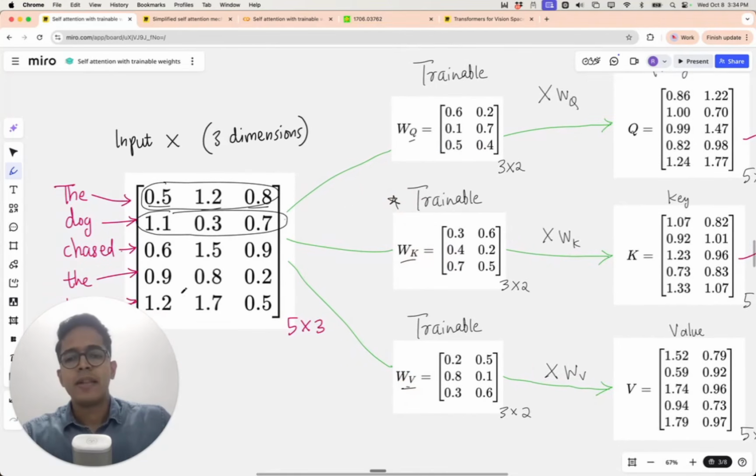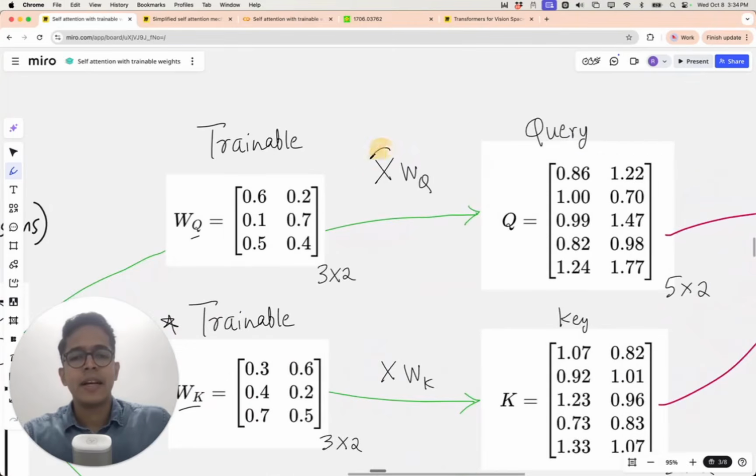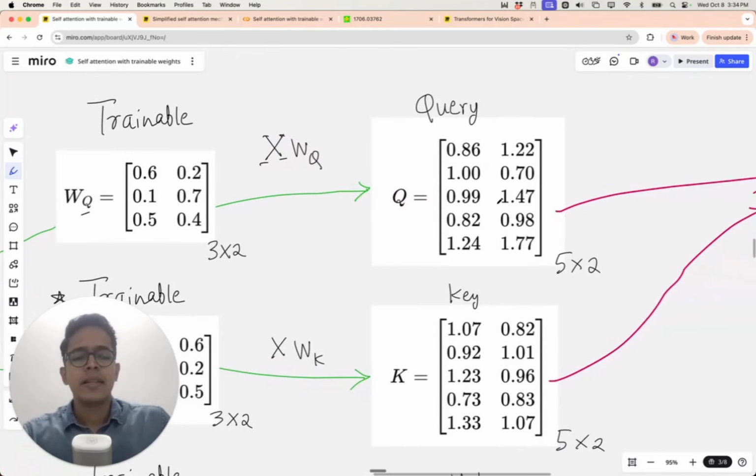Then you multiply this 5 by 3 matrix with a 3 by 2 matrix. This X is the input vector, X times WQ. This is not a multiplication symbol, this is just X. So X times WQ will result in the query matrix. The query matrix is nothing but the 2-dimensional representation of your input queries.